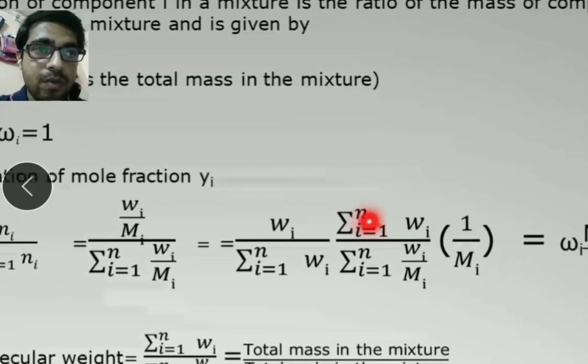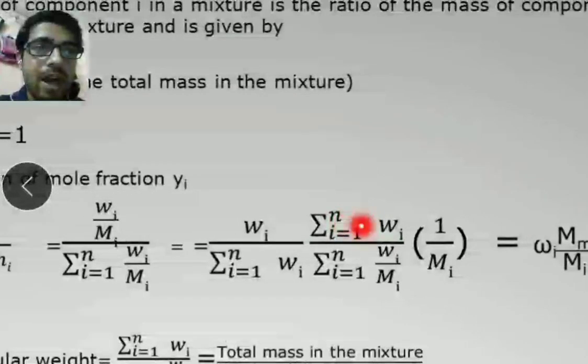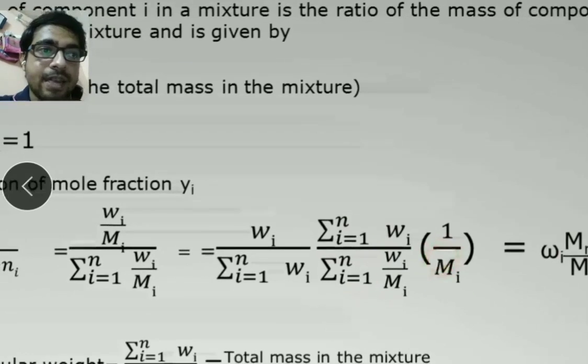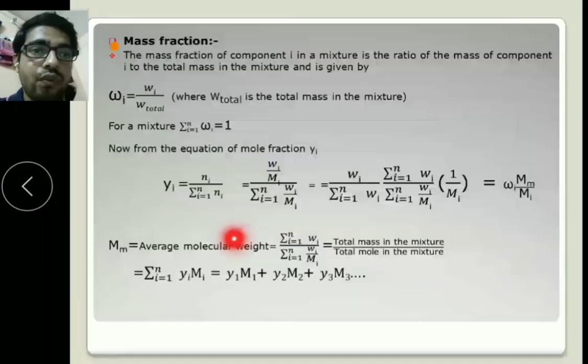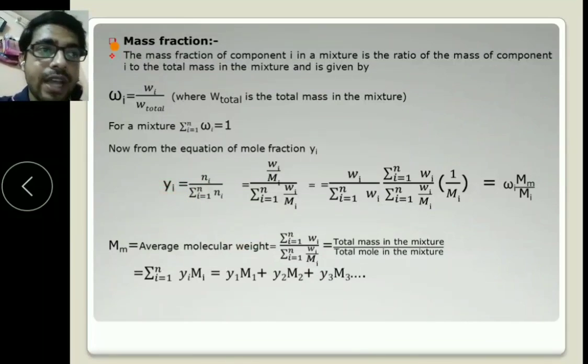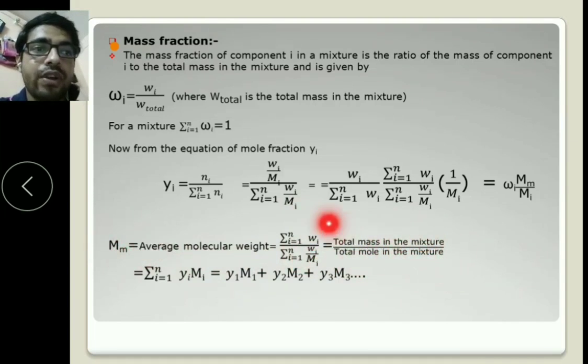The summation of Wi means total mass and the summation of Wi by Mi is total moles, so it is the average molecular weight, written as capital M, and this Mi came here. So we find a relationship between the mole fraction and mass fraction here, and this equals total mass by total moles. So this is the formula for average molecular weight.